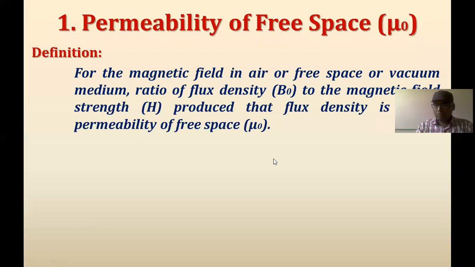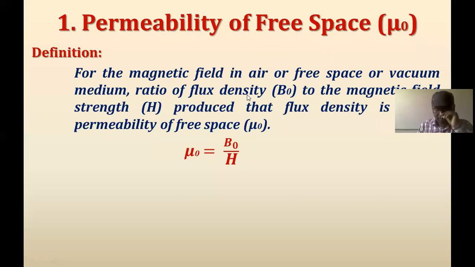So the permeability of a free space, represented with mu zero, is nothing but the ratio of the flux density in that air, free space or vacuum to the magnetic field strength that produced that flux density, because this H is responsible for producing the flux density. That's why the definition says produced that flux density. And B naught is the flux density in the medium, and that medium here is air, free space or vacuum.